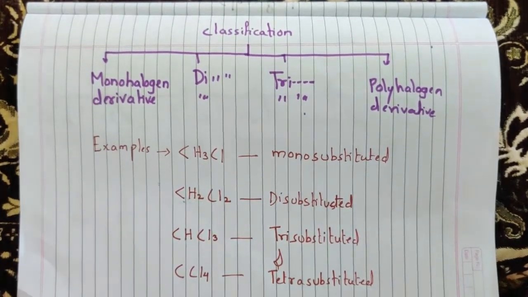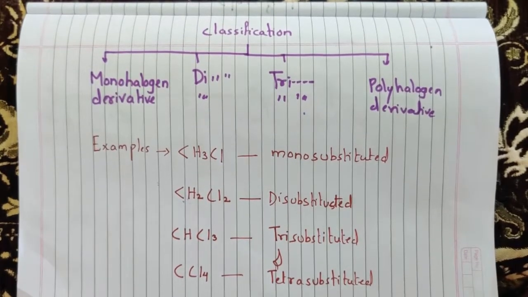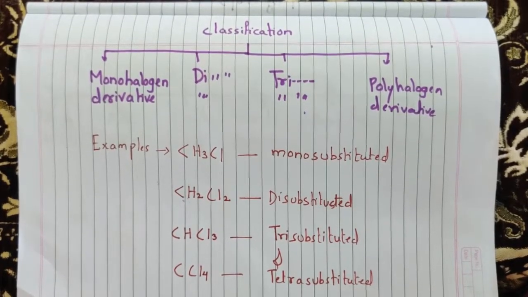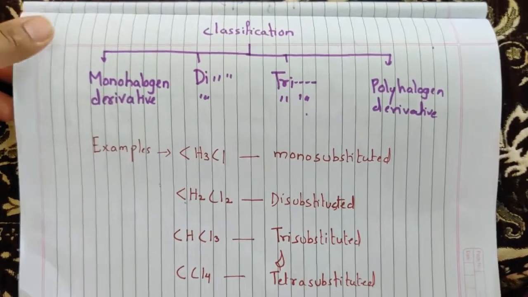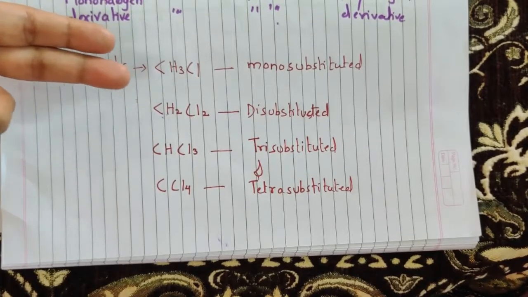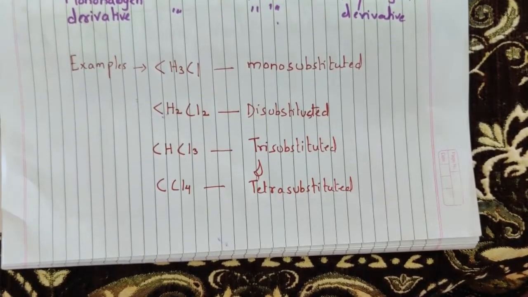In the same way, if two halogens are substituted, you will get dihalogen. If three are substituted, you will get trihalogen. If more than three are substituted, you will get polyhalogen derivative. You can refer to the examples of each which is given here. Monochloromethane, dichloromethane. This is the simplest example I have given here.